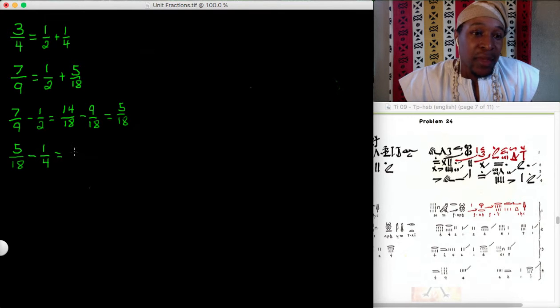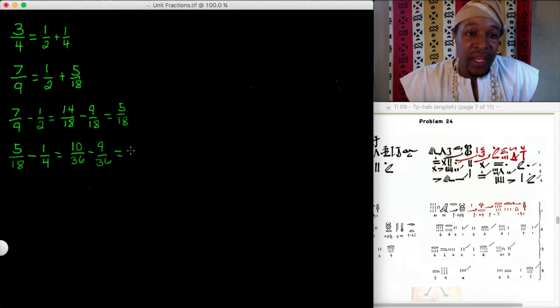The common denominator will be 36. So 5/18 will become 10/36, and 1/4 will become 9/36. When we subtract that, we will get 1/36, which is luckily a unit fraction. So we can say that 7/9 is equal to 1/2 plus 1/4 plus 1/36. And this is how it will be represented in Kemetic mathematics.